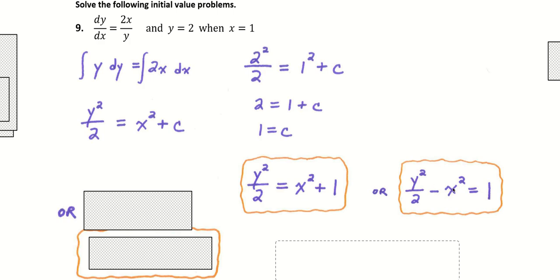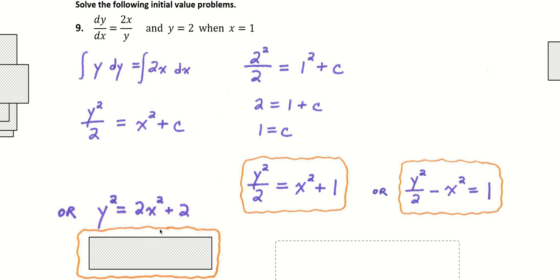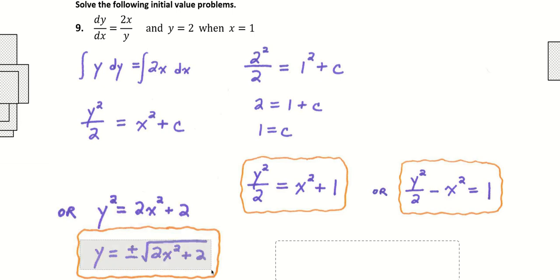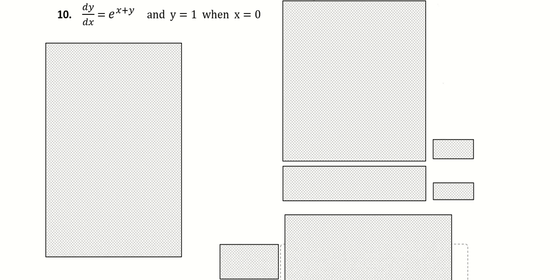You could move the x squared over to the other side, because this is kind of like a circle or a hyperbola or an ellipse, where now it looks like the standard form of the equation. So you could have stopped here. This is if you get all the way to having y by itself. I'll accept any of that.